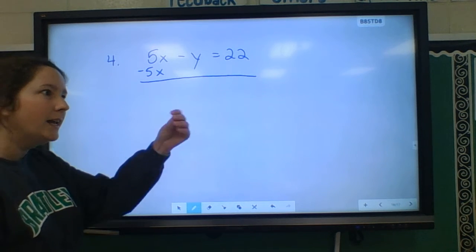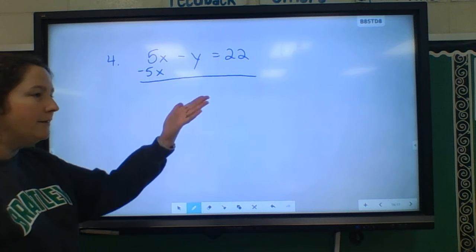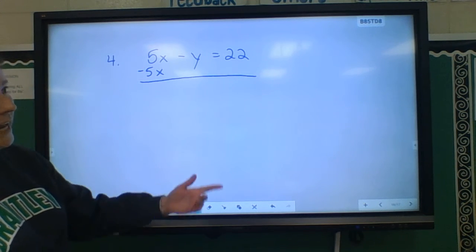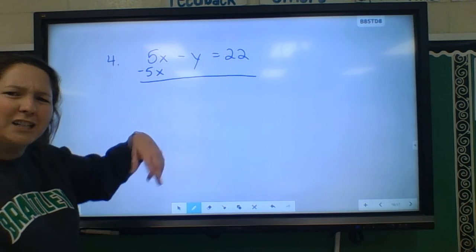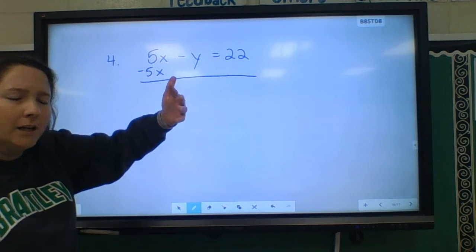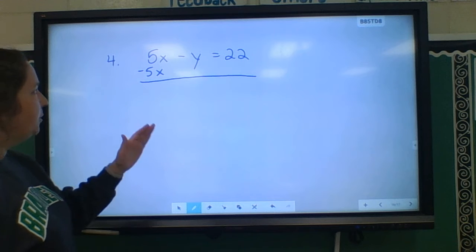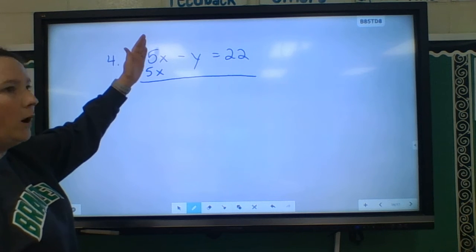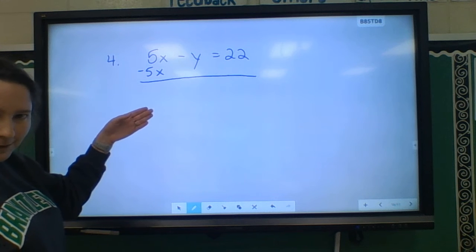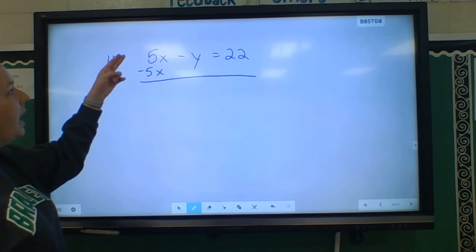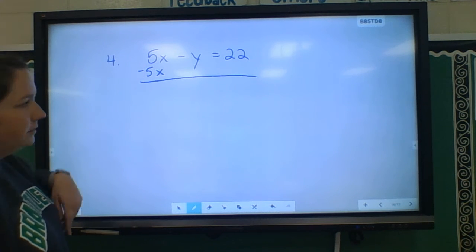You just said inverse operation. Inverse means opposite. If that's subtract, why are you subtracting? It should be add. But it's not. I'm doing the opposite of what I wrote down, the 5x. If it's a +5x, I've got to subtract 5x.